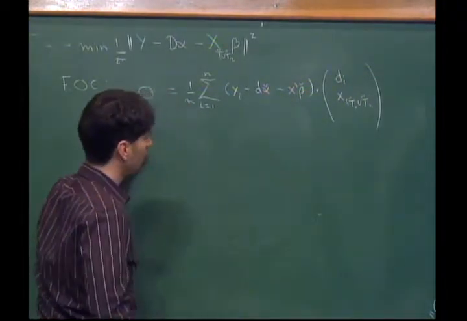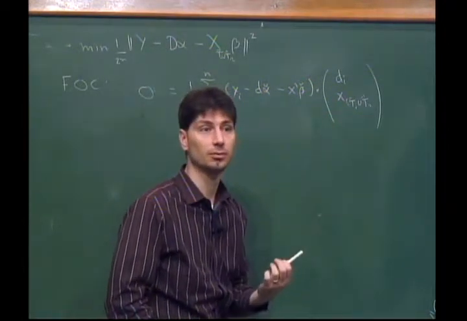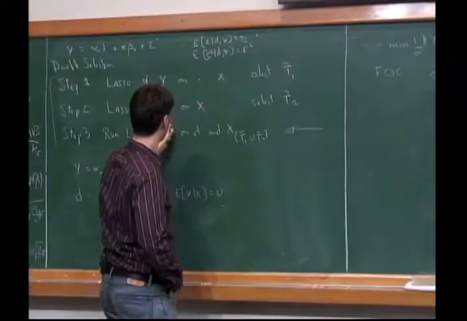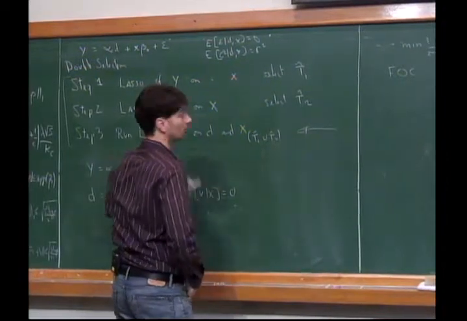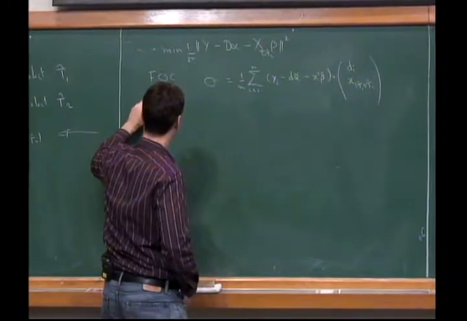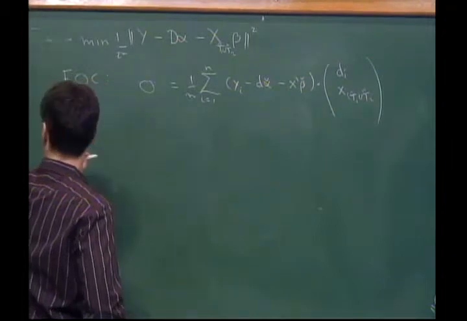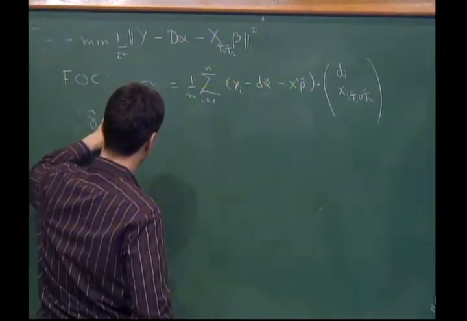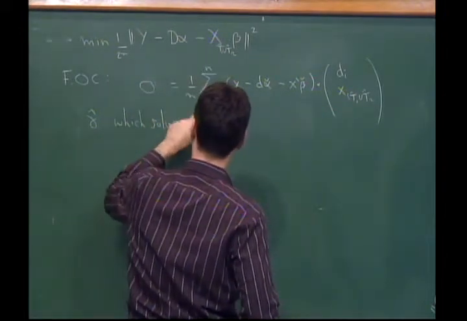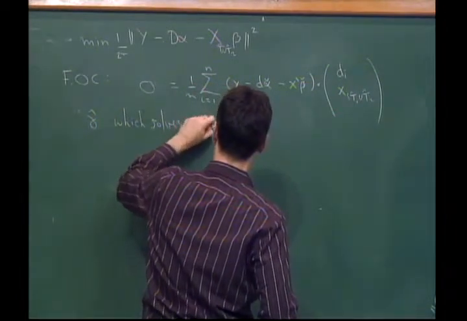So since this is a vector of zeros now, I can hit this by any vector I want. In particular, I can hit this by the solution for the second stage, in the second problem. So I'm going to hit by a vector which is gamma hat, which solves step 2.